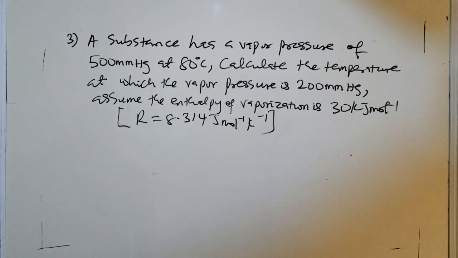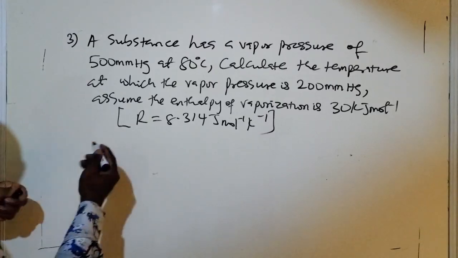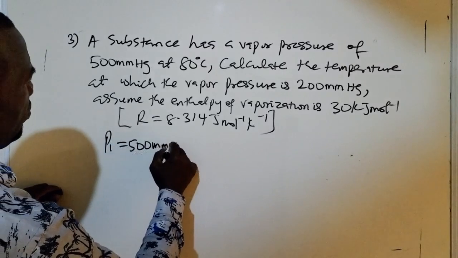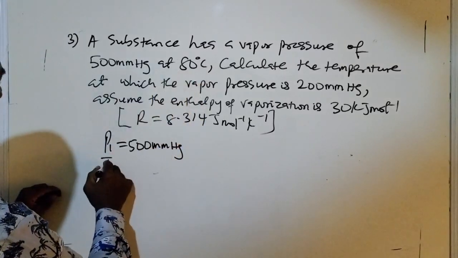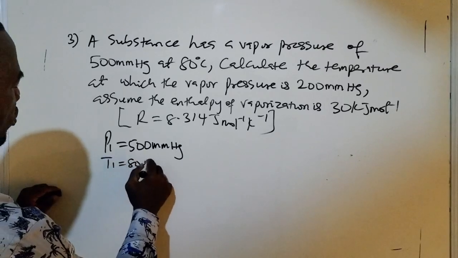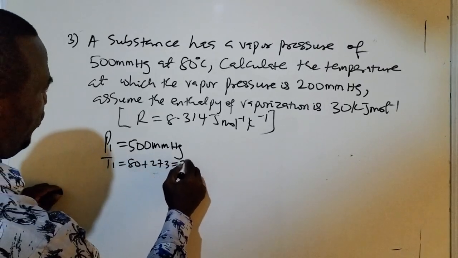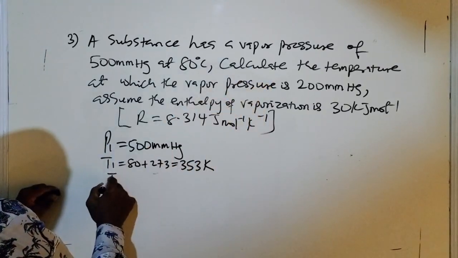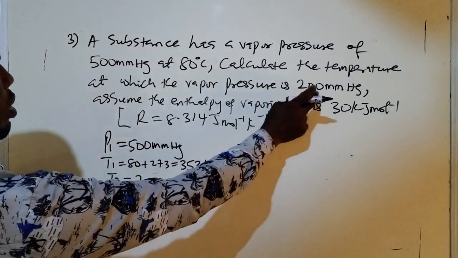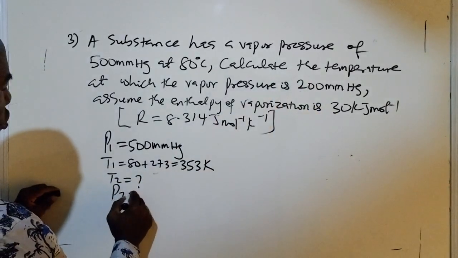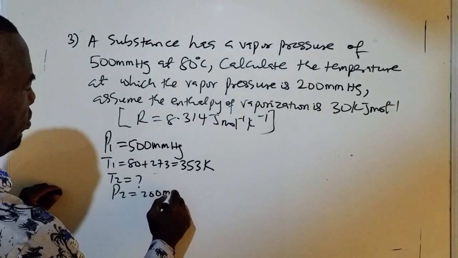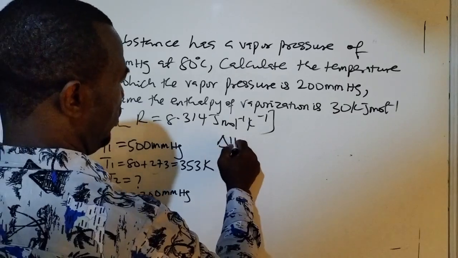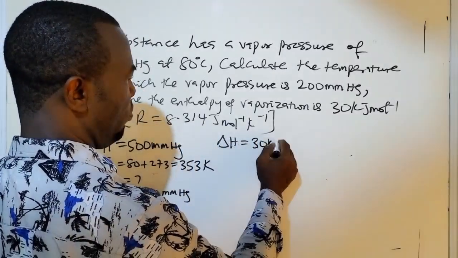So let's pick the values given to us. The first pressure is P1, 500 millimeter mercury. The first temperature is T1, 80 plus 273. That gives you 353 Kelvin. We're looking for T2, the second temperature. The second pressure is 200 millimeter mercury. Then the enthalpy of vaporization is given to us as 30 kilojoule per mole.